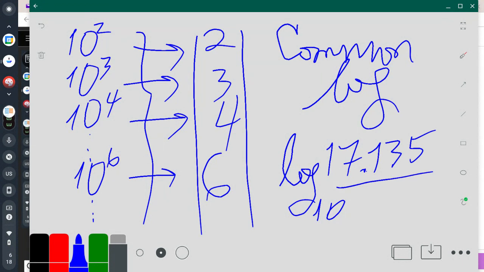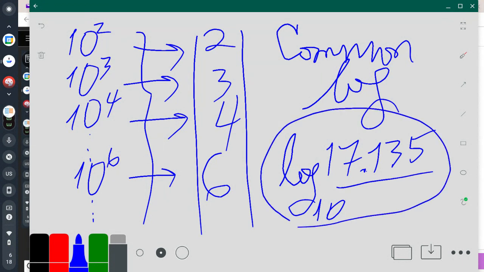For the human brain, this is such a hassle to process, right? But it's not impossible. The computers can do that. But for human brains, common logs of the powers of 10 are easy to visualize.